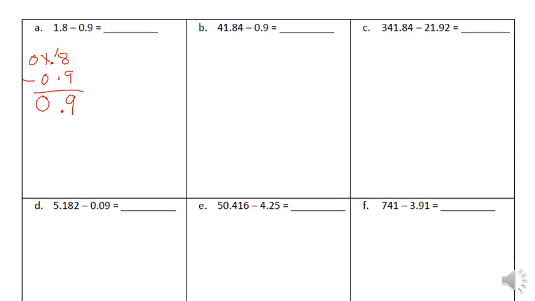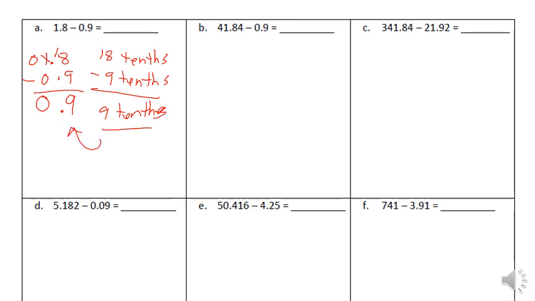And this is the same as saying if I have 18 tenths, and we're going to subtract 9 tenths, we will have 9 tenths. So you can see 9 tenths, which is equal to 0.9.